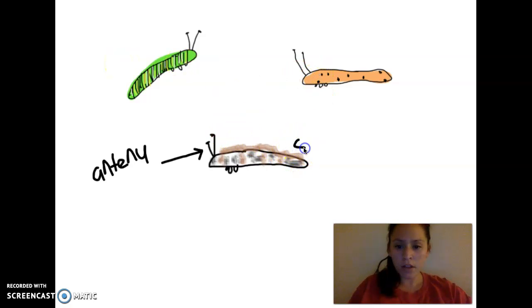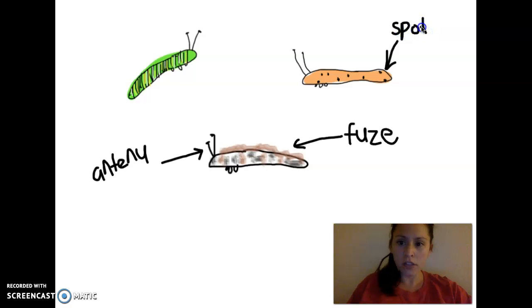I'm going to make another label for this over here. I could say it's fuzzy. I'm going to label over here spots, and this one has stripes.